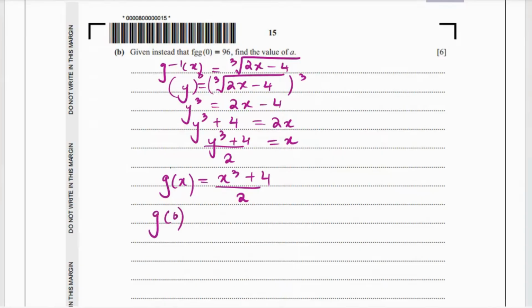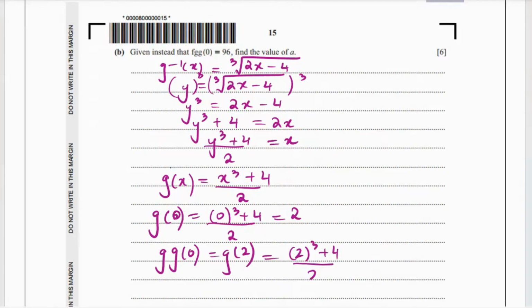Now g of 0 is going to be 0 cube plus 4 over 2, which is 2. G of 0 is the same as g of 2, which is 2 cube plus 4 over 2, which is going to be 6.